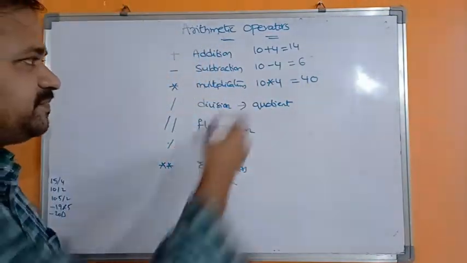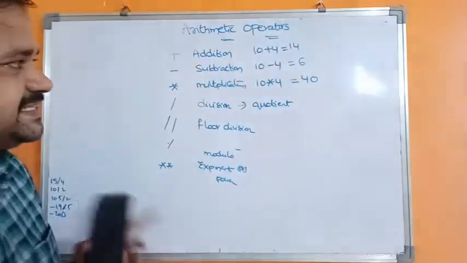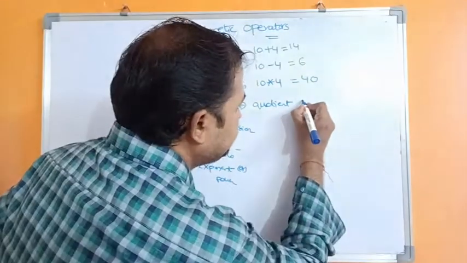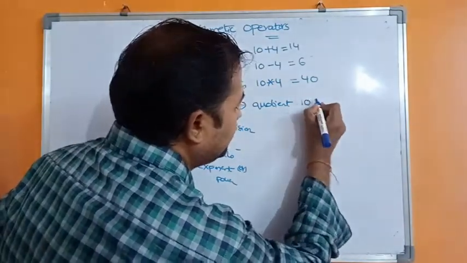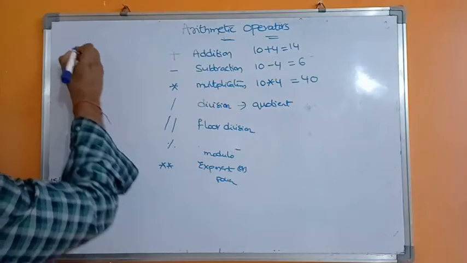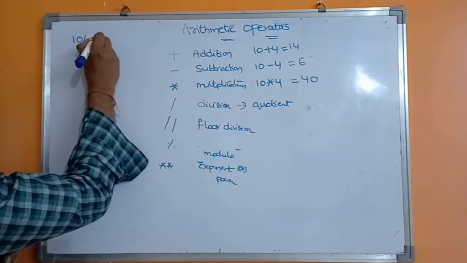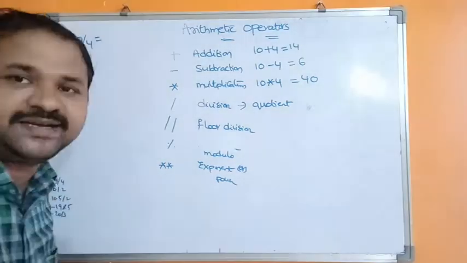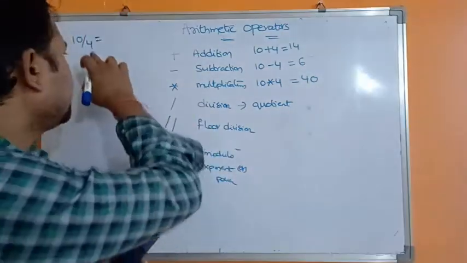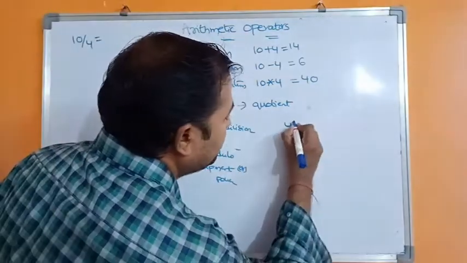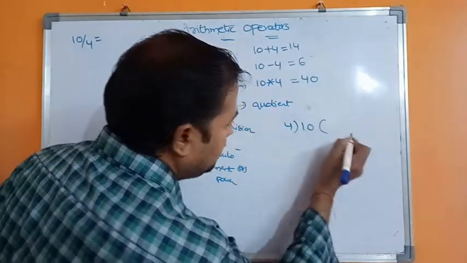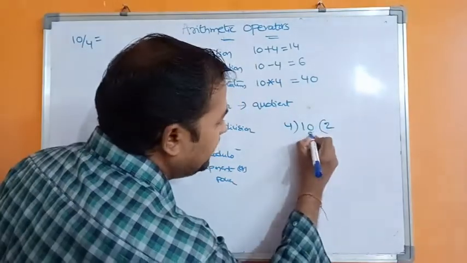Let's take an example. Let the first number be 10, whereas the second number is 4. Then calculate the division. Here the denominator is 4, whereas the numerator is 10. We know that 4 twos are 8.